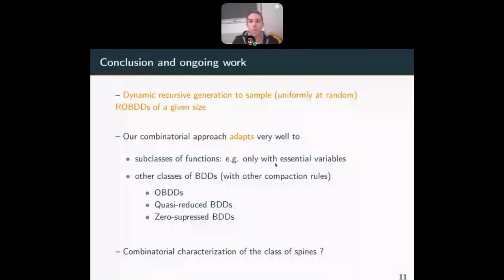But if you are interested in other families of decision diagrams like OBDDs that are not reduced, quasi-reduced BDDs, or zero-suppressed BDDs, all these subclasses of BDDs have different compaction rules. But the way we have developed for ROBDDs can be adapted to other kinds of compaction rules.